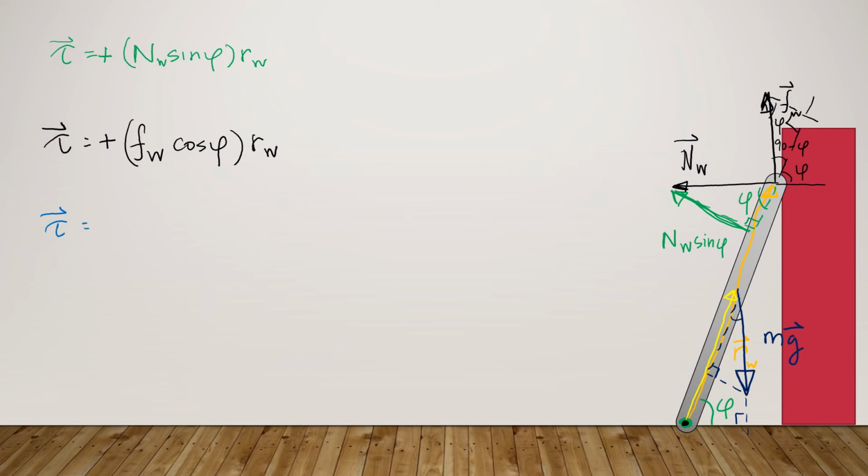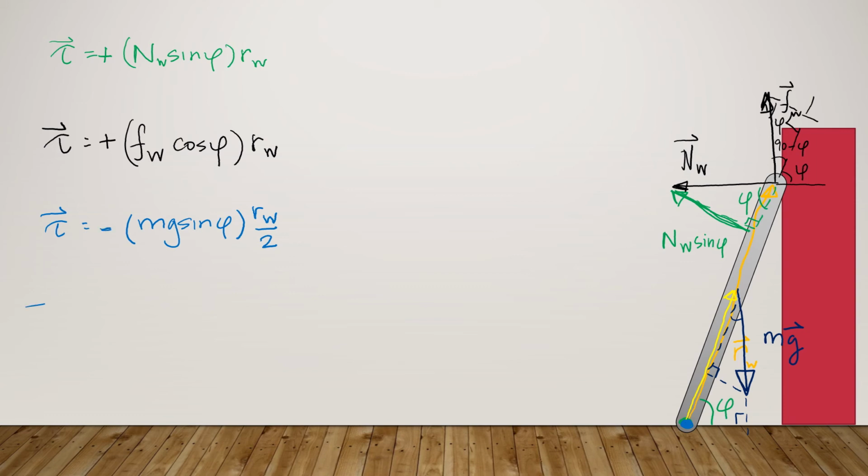So when I write this torque, it's going to be mg sine phi, except instead of the whole length, it's half the length of the whole ladder. Also, if I were to hold the axis down here and rotate that, it would go in the direction of the clock, so that makes it a negative.